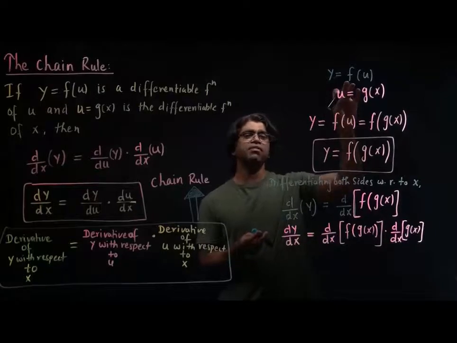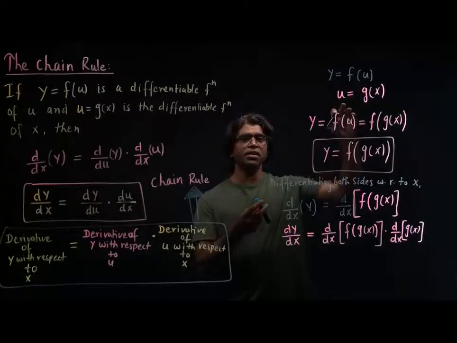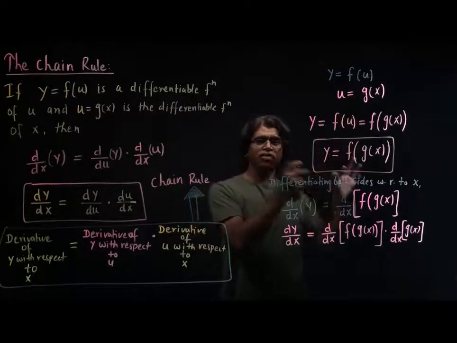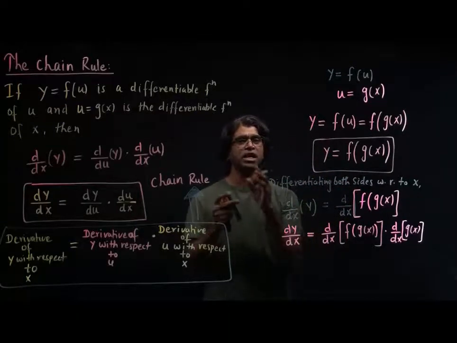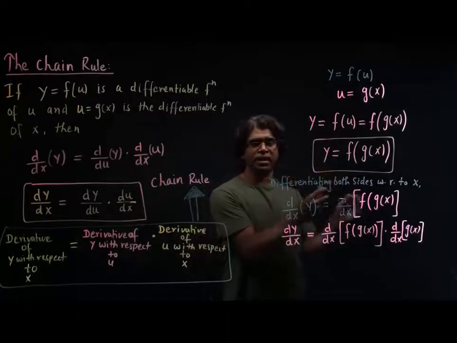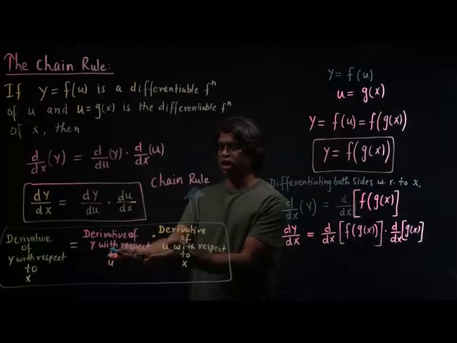So basically I'm differentiating my function f as a function of u, and then I'm differentiating my g of x as a function of x, and that's what this rule talks about.